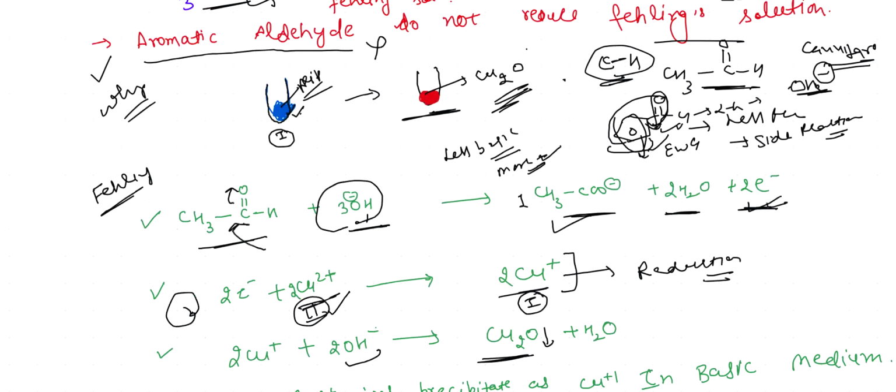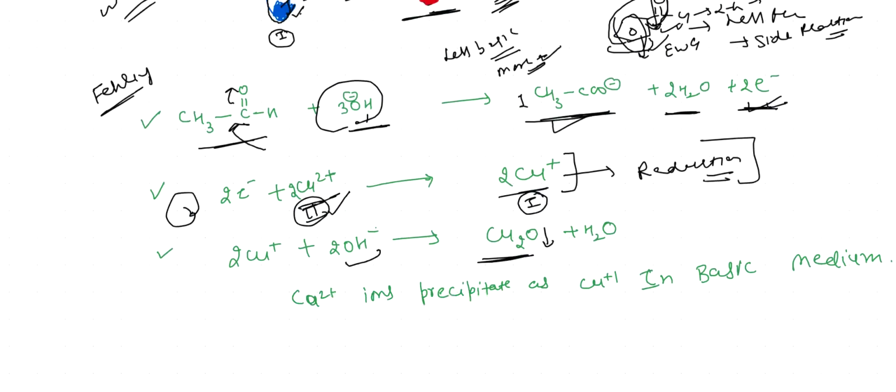The second step is the reduction of Cu2 positive into Cu1 positive. And the third step is the reaction of this copper positive and OH negative. So upon formation of these precipitates, it gives the positive test.